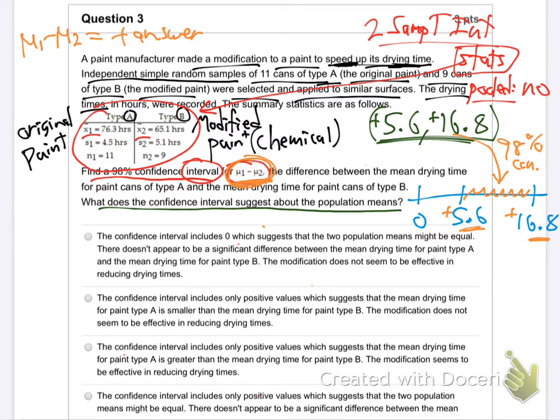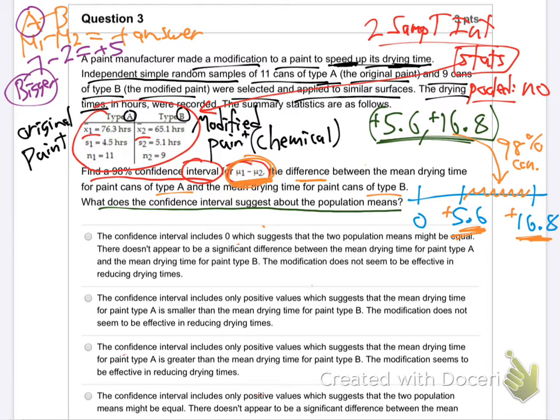Remember, we're taking the difference between the drying times, paint A and B. We're taking A minus B, and we're getting a positive answer. Right? Because it's between two positive numbers. What does it mean if you subtract two things and get a positive answer? Like 7 minus 2 is positive 5. That means the first one is bigger, meaning A is bigger.